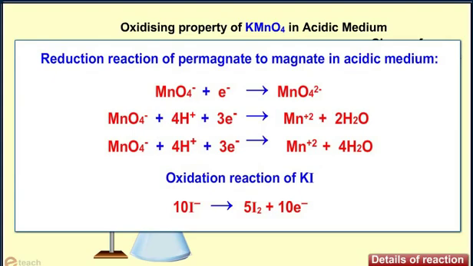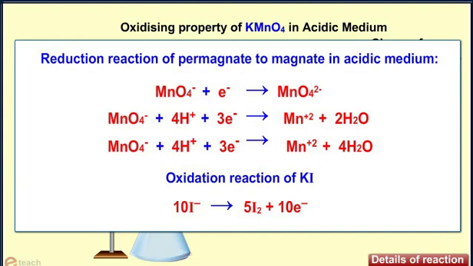Let's see the details of the reaction which took place. The reduction reaction of permanganate to manganate in acidic medium: MnO4- + 1 electron gives MnO4 2-. MnO4- + 4H+ + 3 electrons first gives MnO2 + 2H2O, then it gives Mn2+ + 4H2O.